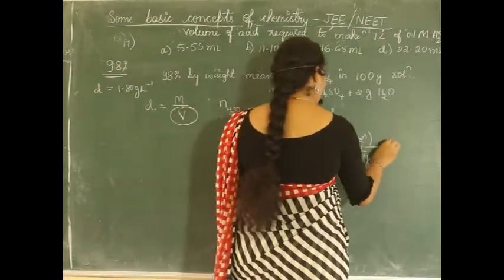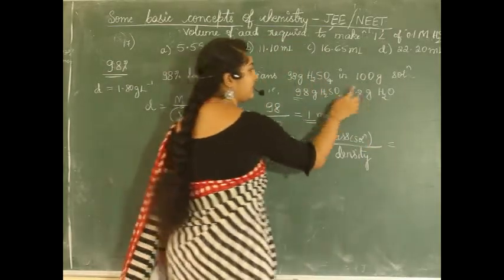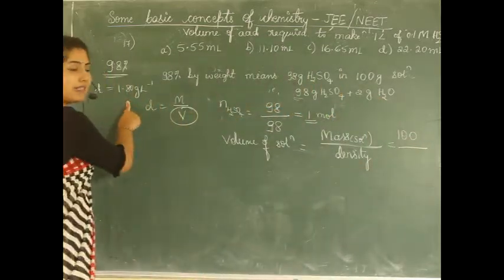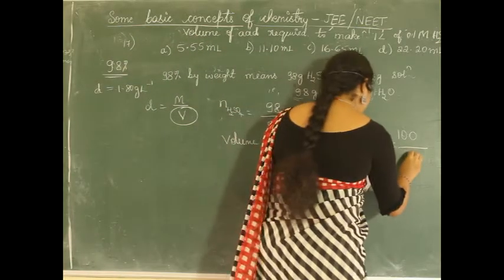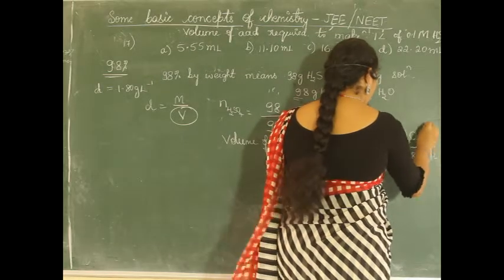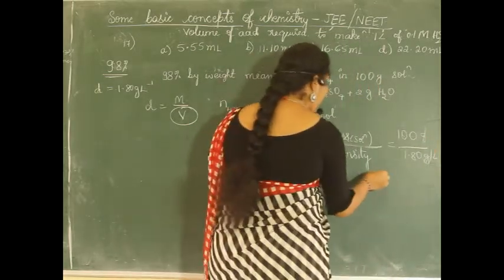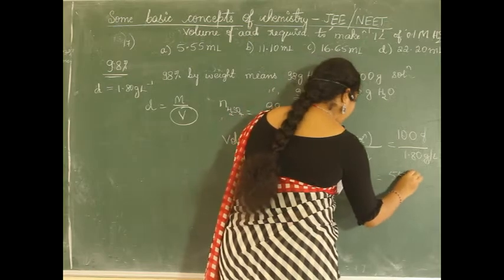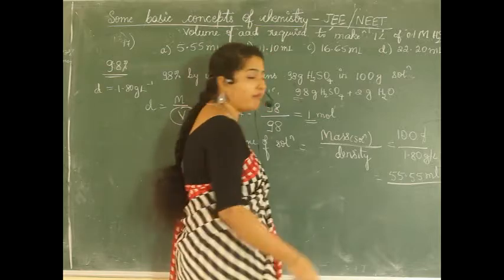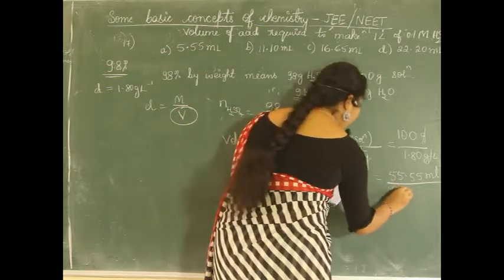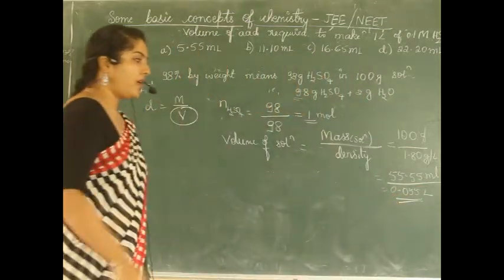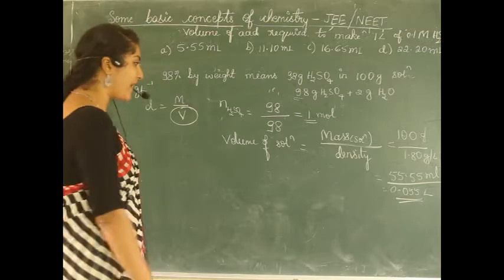Mass of solution is given as 100 gram. 100 divided by density, which is given as 1.80 gram per liter, and here it is gram. Gram gets cancelled. So it comes out to be 55.55 ml, or because we want molarity, we have to convert it into liters, so it becomes 0.055 liters.